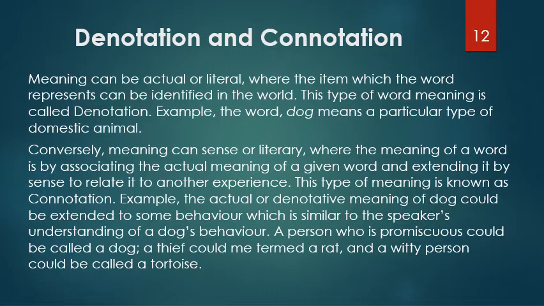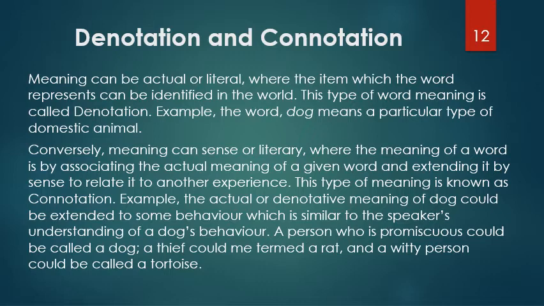Take a look at the word rat. Denotatively, we all know that a rat is an animal, a four-legged animal, a mammal. And this is the meaning we see once we open our dictionaries.